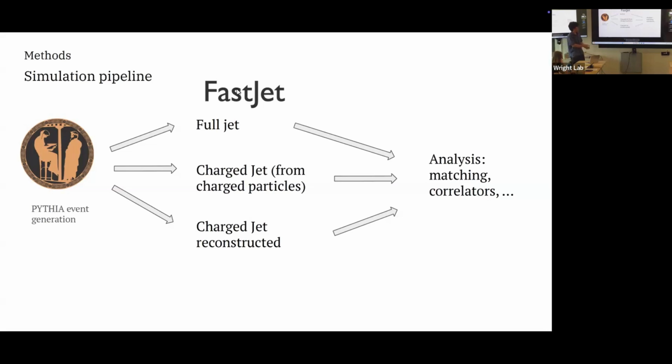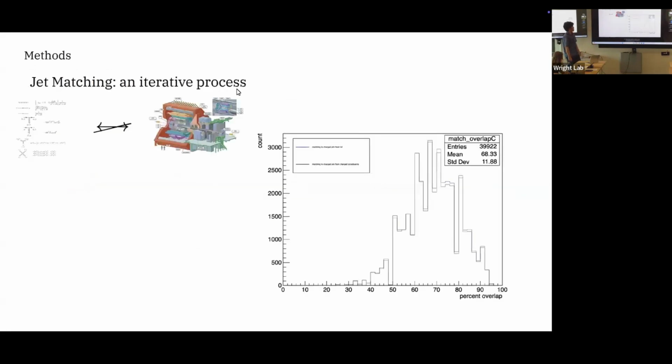Then I have two definitions for charged jets. One is what you would expect to get from a detector, using only what we measure from charged particles. Another is a reconstructed charged jet, where I just strip out all the uncharged particles from the first definition. And then all of these feed into analysis. This was an iterative process that I had a lot of help with.